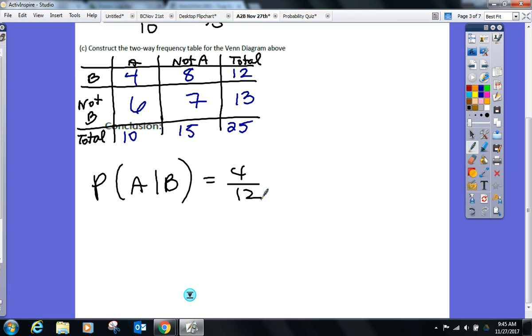Need your help now. Where's the 4 come from? Look at your table. Carter? So you're telling me that's A intersection B, right? Both happen. Out of, still need your help, guys. Where's the 12 in that diagram? Total of B, right? The number of B.